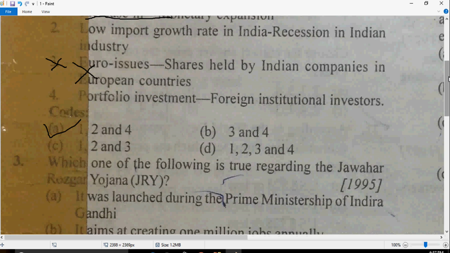So that's why, of course, we have to eliminate three. So now it will be A, absolutely.